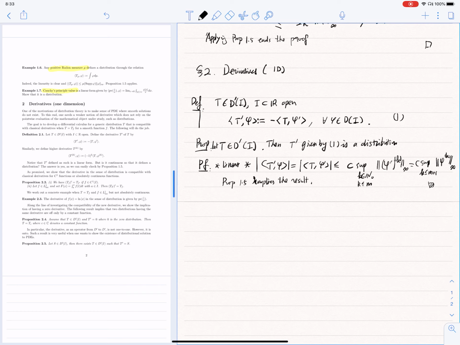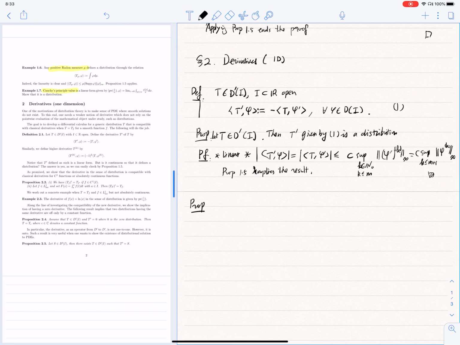For C1 functions, we know that the derivative is the limit of the increment divided by the size of the increment, and on the other hand, we also know how to differentiate a function which is absolutely continuous. This is something done in measure theory. So we are going to see in the following proposition that the derivative in the sense of distribution actually generalizes these two notions.